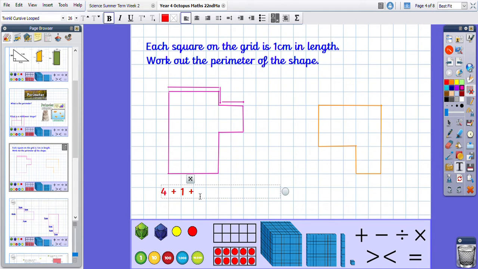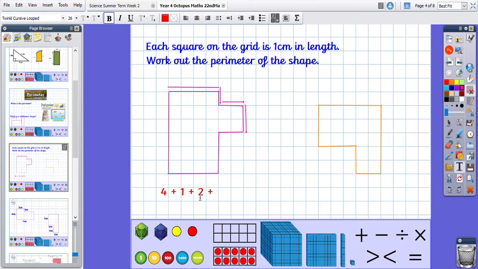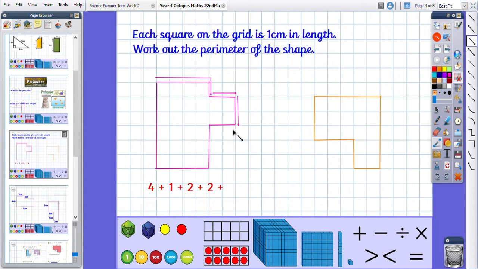So 4, add 1, add 2, and continuing I'm going down 2. Okay, and then I'm going to the left 2.